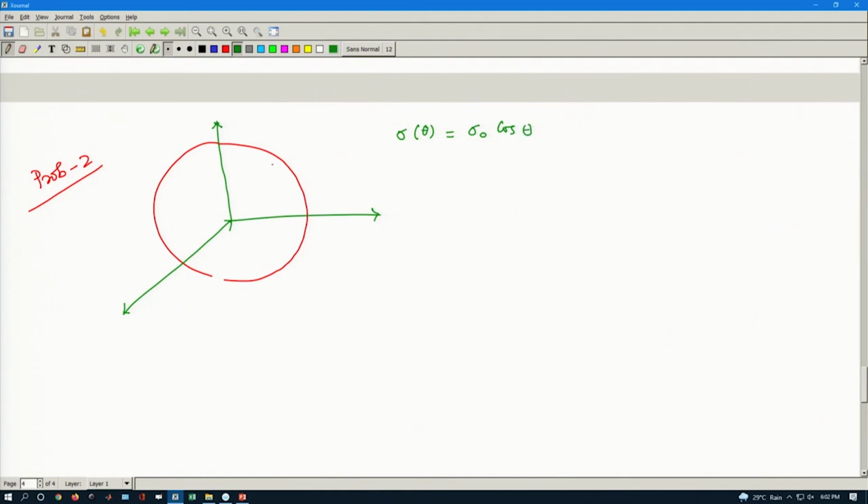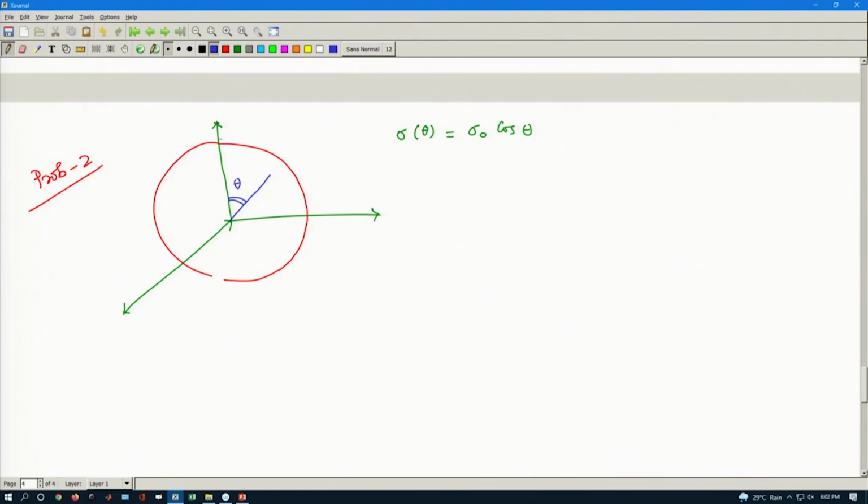So, that means if I have a value r here over this spherical shell, then this is the angle theta.